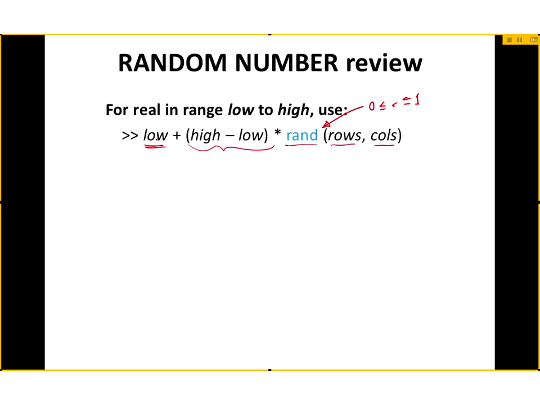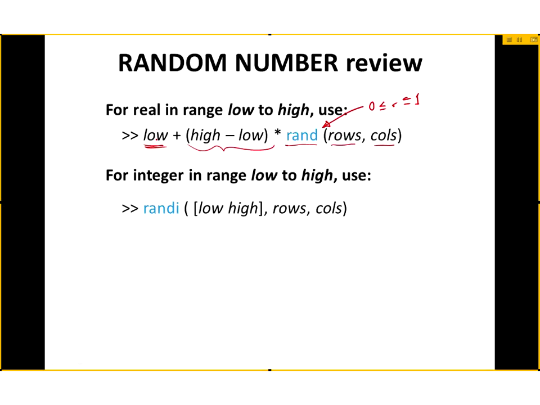And you'll remember that if we want a random integer rather than a random real number, the easiest way to do that is using the built-in function in MATLAB, the randi function. And you'll remember the syntax is a little different on that one. First, we need to give it a vector of two numbers that has the low and the high for the range of integers we want, and then we give it the number of rows and columns of random integers that we'd like.